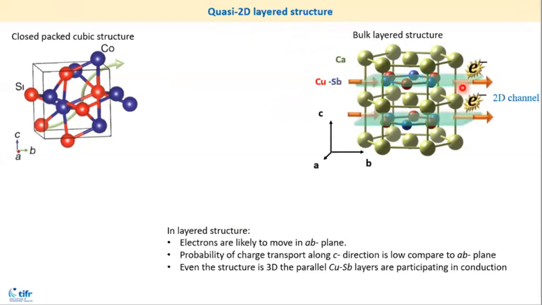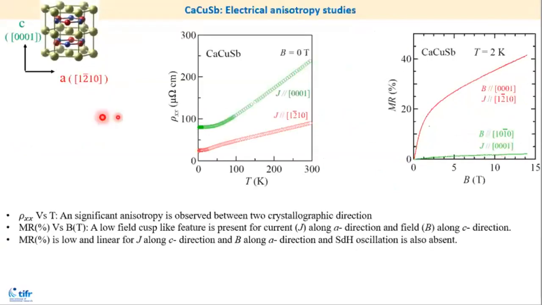So what would be the transport for this kind of system? In general, for systems where these metallic layers are present, they are likely to participate in the transport, looking like a quasi-2D nature. You can see this is the calcium copper Sb crystal.